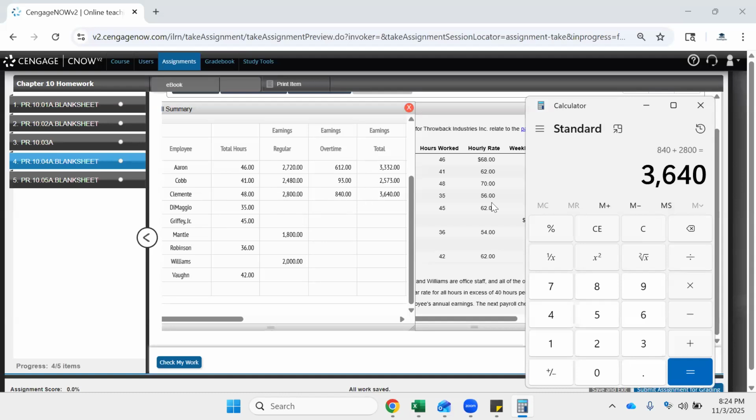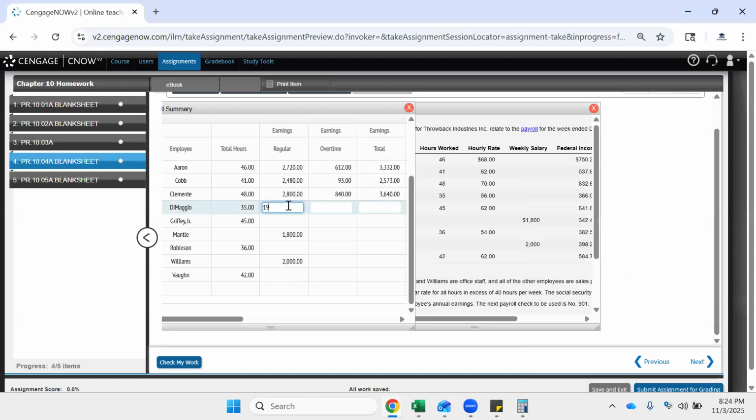Now, DiMaggio only worked 35 hours, so there's no overtime pay. We just take 56 times 35, 1960.